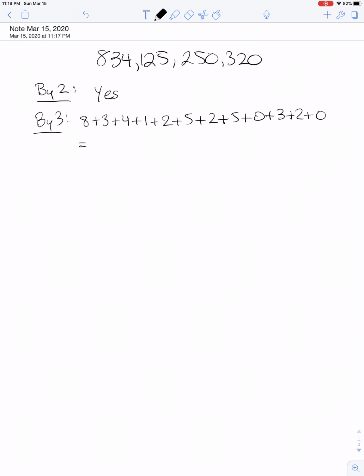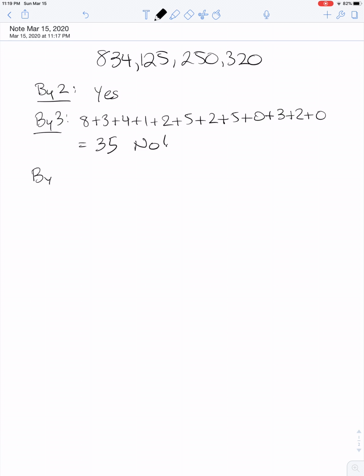And I'm going to throw this into my trusty calculator real quick. Which looks like it equals 35, which is not divisible by 3, so this is a no.